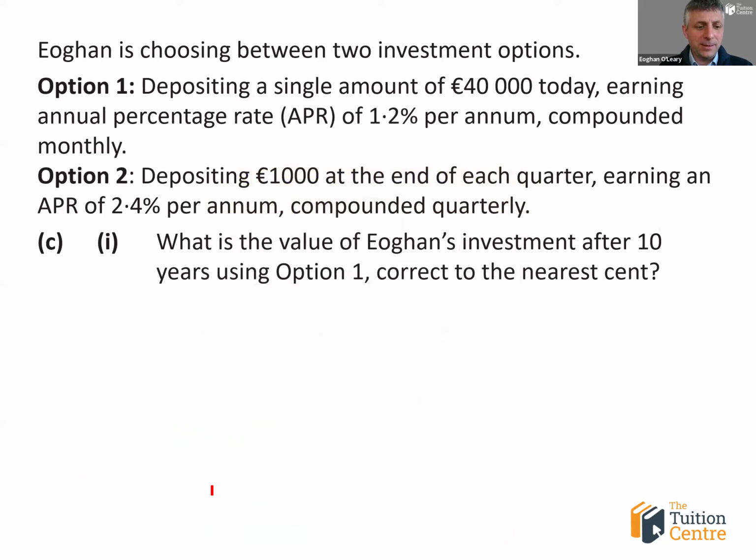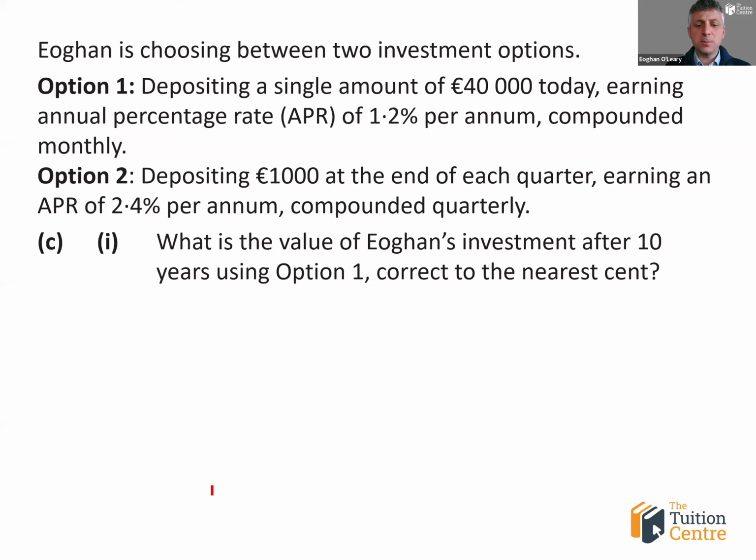Owen, not the guy you're looking at, a different Owen, is choosing between 2 investment options: depositing a large amount of €40,000 today, earning an annual percentage rate of 1.2% per annum, compounded monthly. Okay, right, so that's option 1.